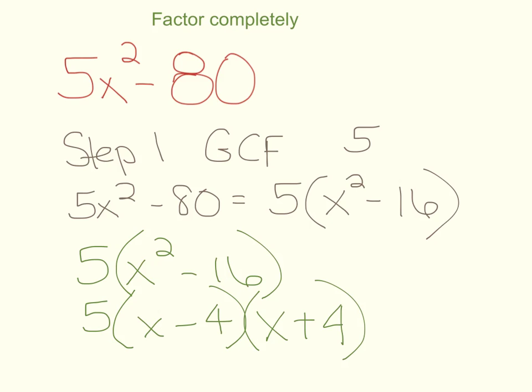Anytime that you are not able to factor a polynomial, you want to write that it is prime. So this is an example of a problem only having two terms. You would only go to step 2 because we get step 2 when we have 2 or 3 terms.